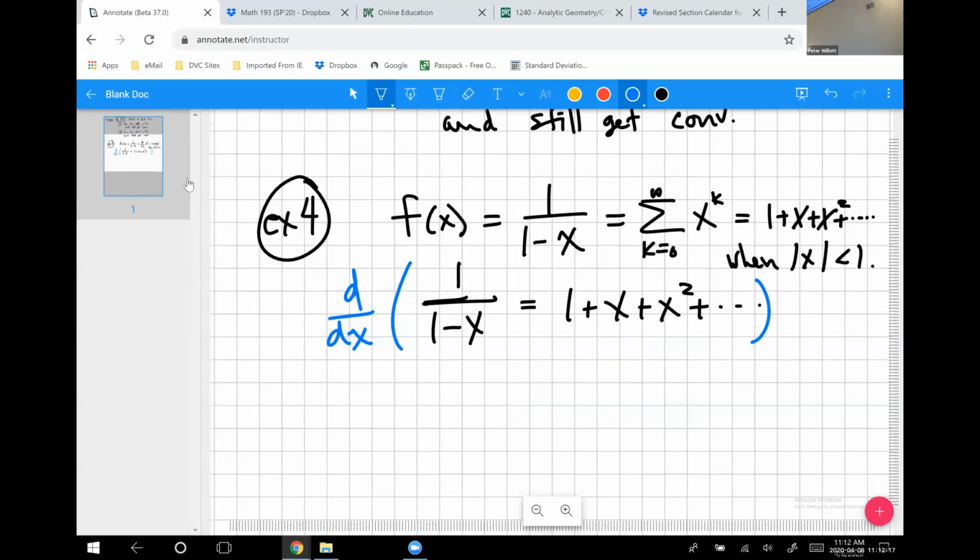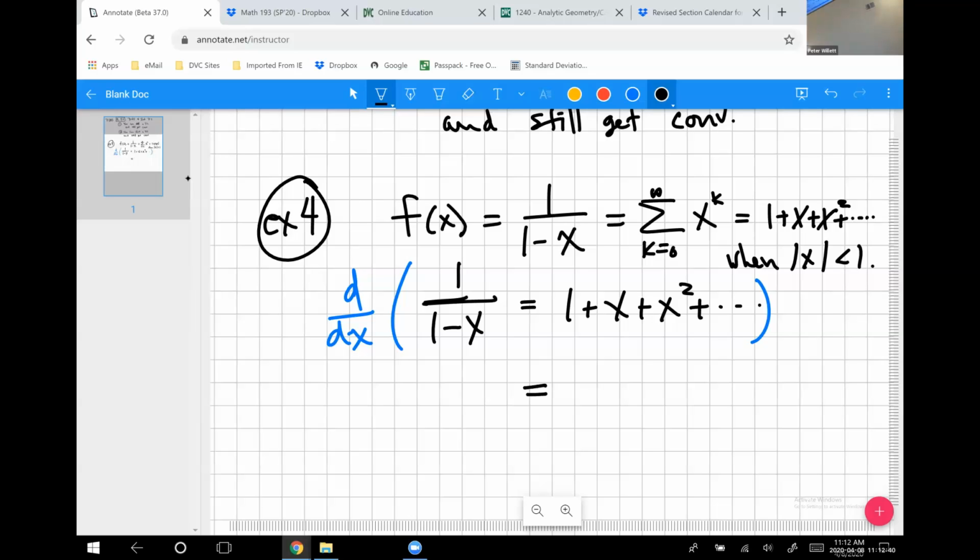Well, the right side is the easier one. The right side is easier because we just have a polynomial and you can differentiate term by term. The left side, we have a little function, so we would need to differentiate this little function. So what would happen? Let's do the right side first.